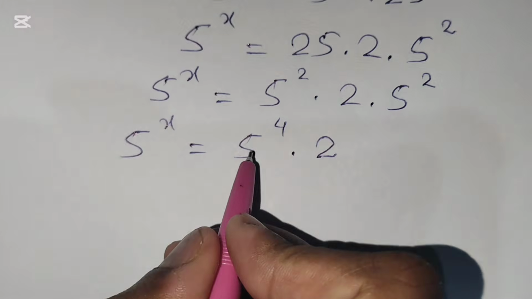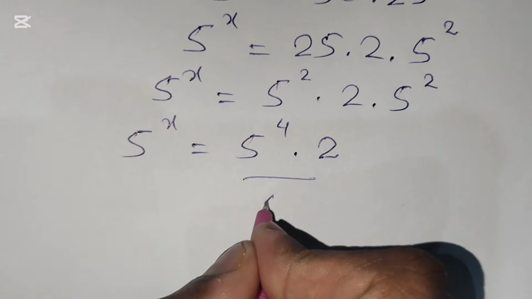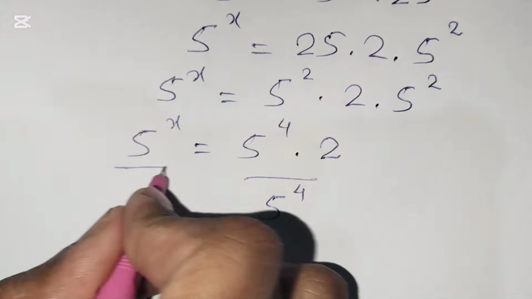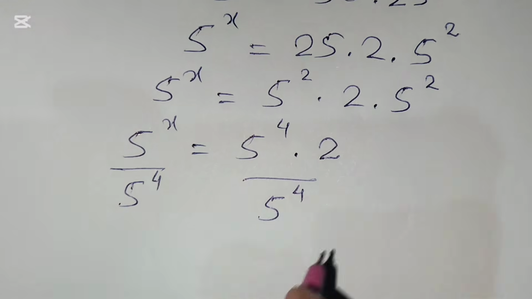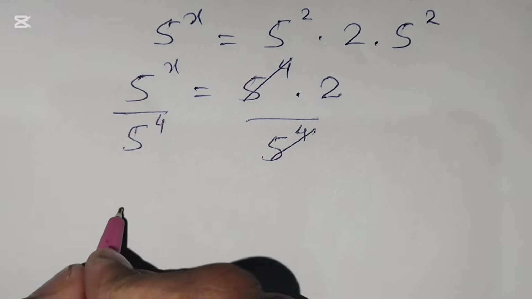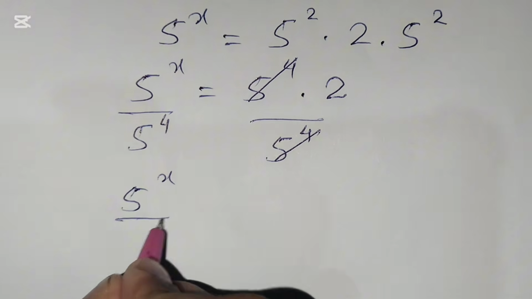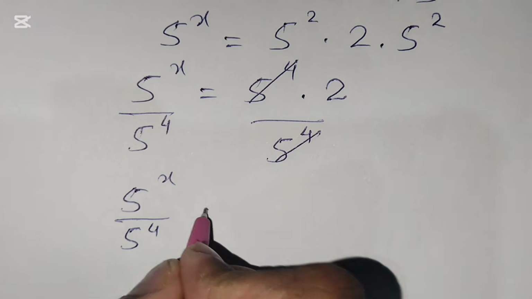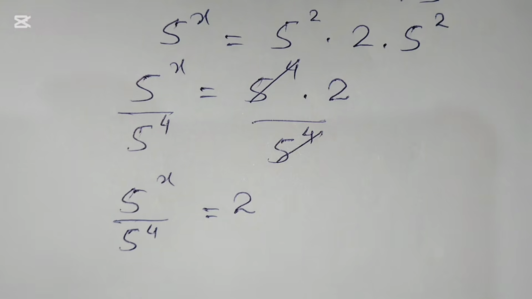Now divide by 5 power 4 on both sides. Cancel with 5 power 4. We have 5 power x over 5 power 4 is equal to 2.